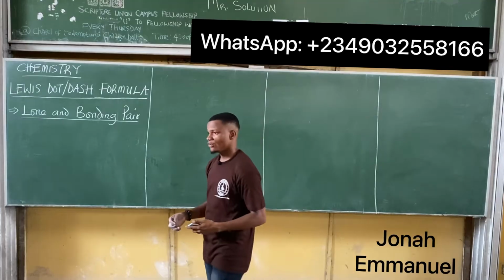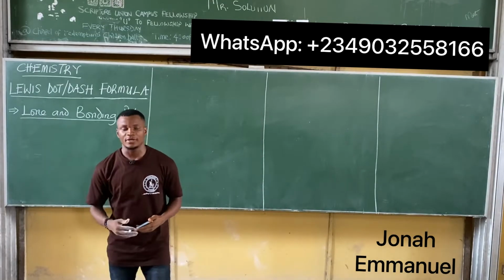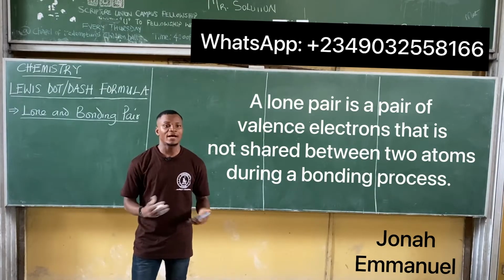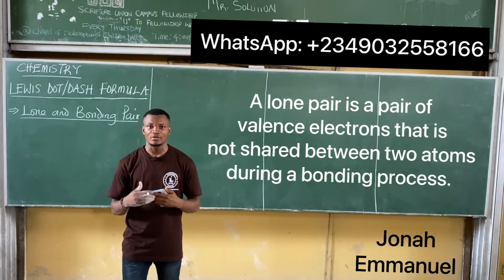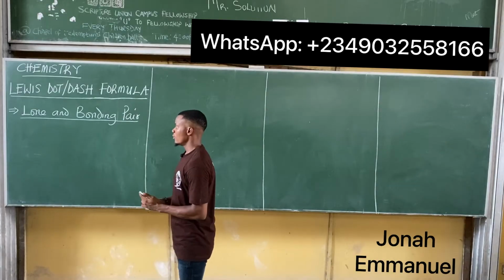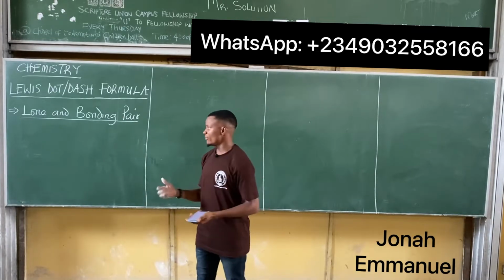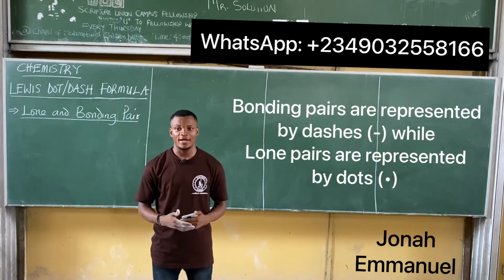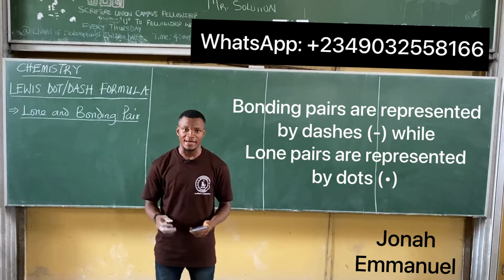That's a bonding pair. While a lone pair is simply a pair of electrons that is not shared between atoms during a bonding process. One thing to note is that bonding pairs are represented by dashes, while lone pairs are just represented by dots.